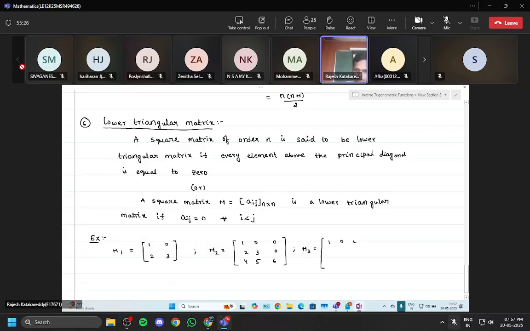Then [1, 0, 0, 0; 2, 3, 0, 0; 4, 5, 6, 0; 7, 8, 9, 10]. This is 2 by 2, this is 3 by 3, this is 4 by 4.